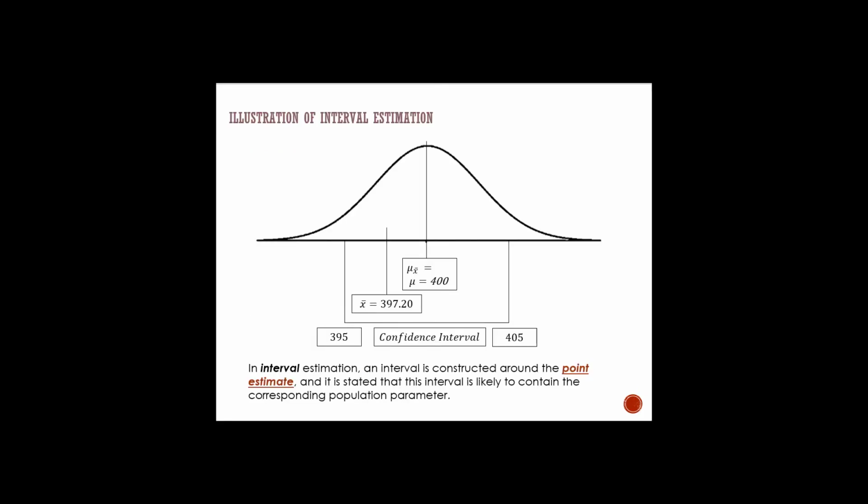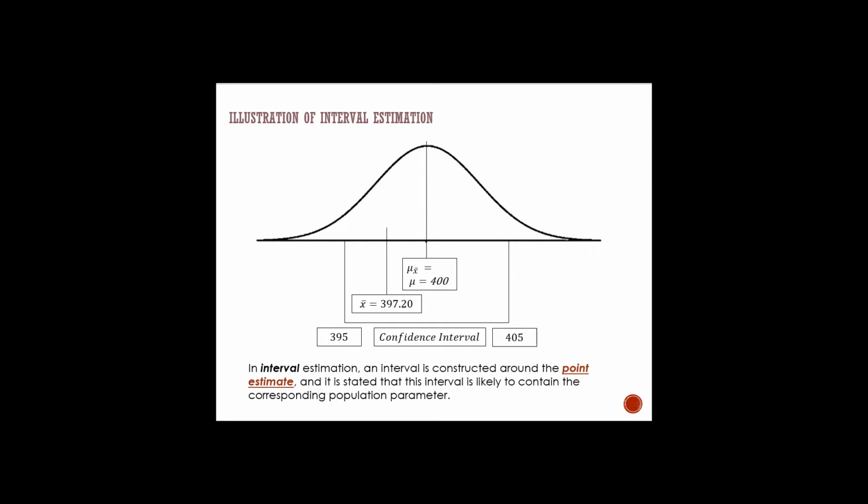Once again, we're going to be illustrating confidence intervals by drawing them on something that looks a lot like the standard normal curve. In interval estimation, we say an interval is constructed around the center, and the center is always the point estimate. And we state that the interval is likely to contain a corresponding population parameter.